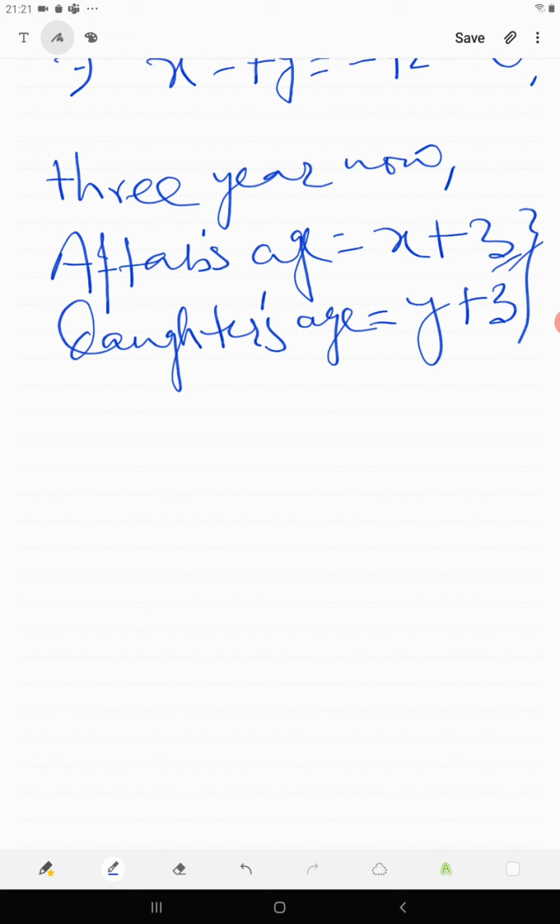So always assume the relationship between the future ages for this problem. Aftab is telling that I shall be 3 times as old as you. That means x plus 3, Aftab's age after 3 years, will be equal to 3 times the daughter's age, so 3 into y plus 3.